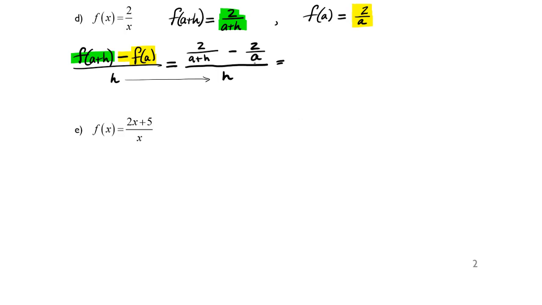Now, I don't have a common denominator right now, so I cannot combine these fractions until the denominators match. I need to build up the first fraction by a over a, and the second fraction by a plus h over a plus h.